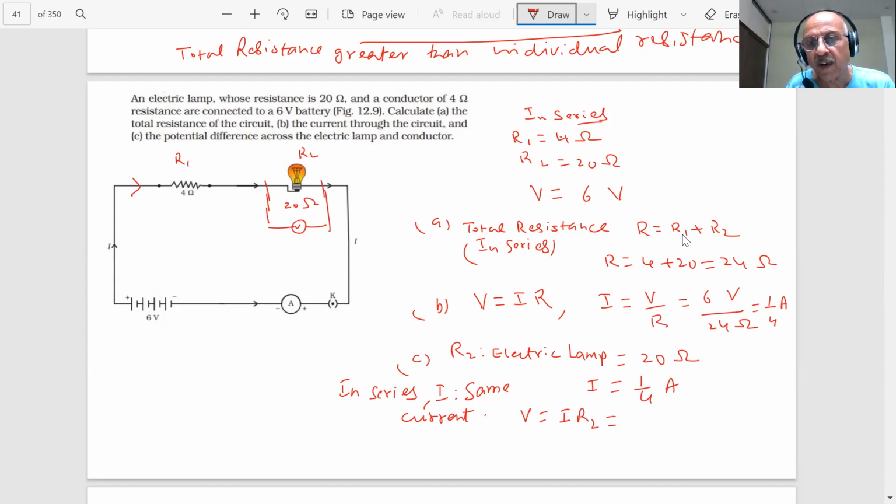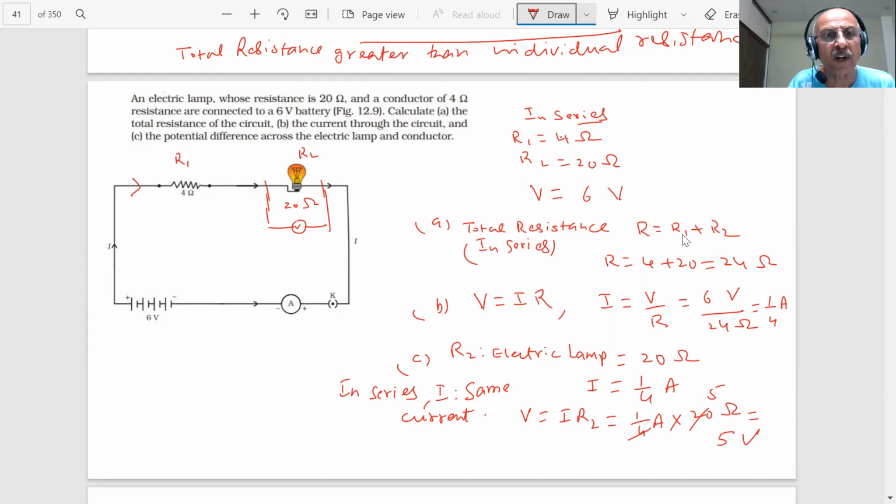What is the value of I? 1 by 4 ampere into R2, which is 20 ohms. So how much do you get? 5 volt. So the potential difference here is 5 volt.